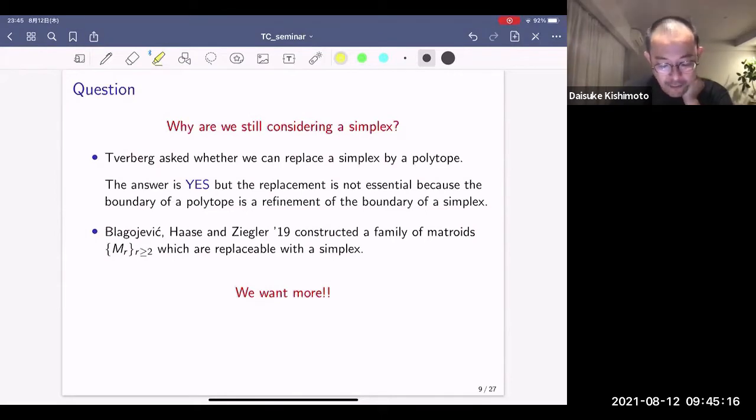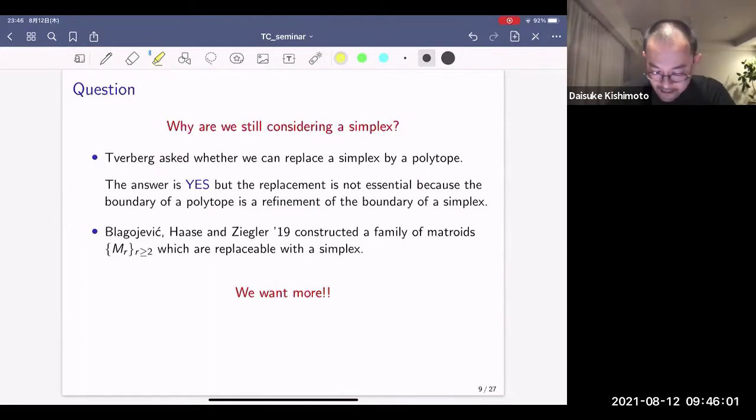He asked whether we can replace a simplex by a convex polytope. And the answer is yes. We can replace a simplex by a polytope in the topological Tverberg's theorem. But the reason for this answer is that the boundary of any polytope is a refinement of the boundary of a simplex. So the answer is just a corollary of the topological Tverberg's theorem for a simplex. So this is not a good question.